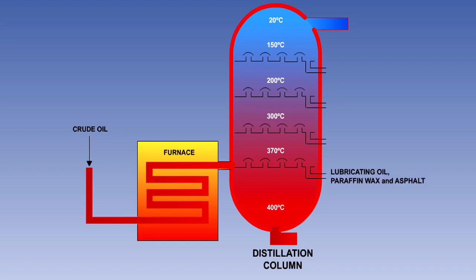The heavy oils condense out first and are collected near the bottom. The process then continues up through the tower, with kerosene and gasoline, which are relatively light and volatile, being taken out near the top.